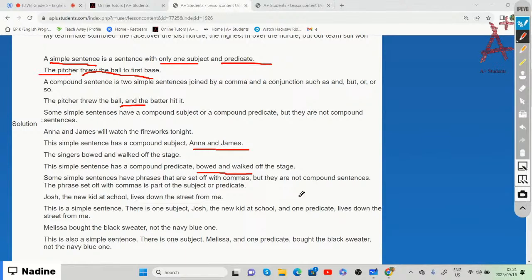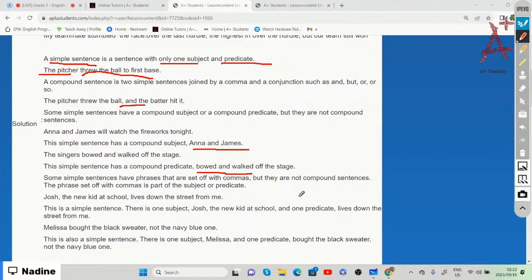This is a simple sentence. There's a subject, which is Josh, the new kid at school, and one predicate, which is lives down the street.